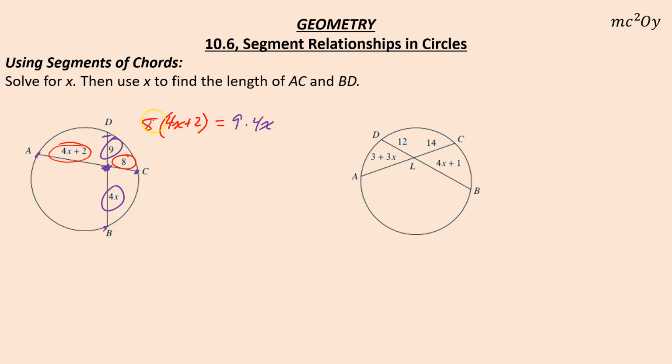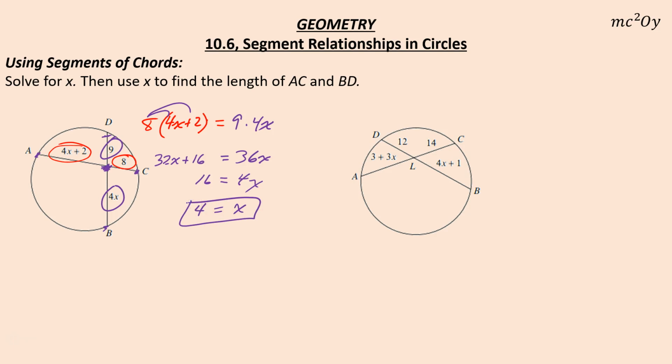Okay, so multiplying it out, I get 36x over here. And on this side, I'm not going to stick with the color-coded, but 32x plus 16. Combine like terms, subtract 32x over, and 16 equals 4x. So 1x equals 4.